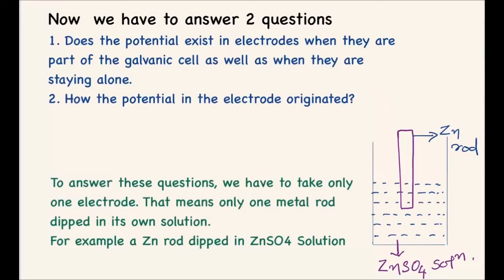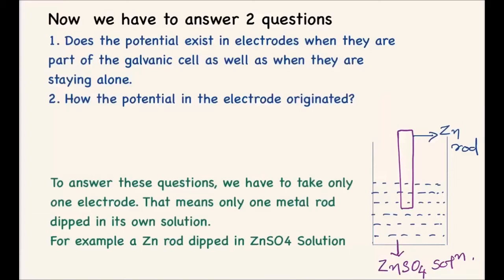We have to answer 2 questions. First, does the potential exist in electrodes when they are part of the galvanic cell as well as when they are staying alone? We studied electrodes have their own potential. Now first question, whether that potential belongs to them when they are part of the galvanic cell as well as when they are staying alone.